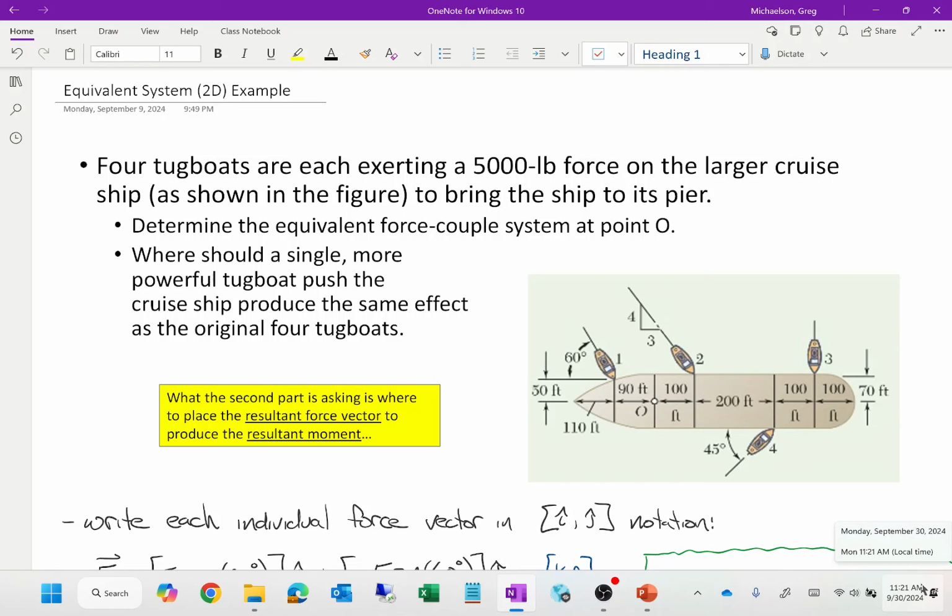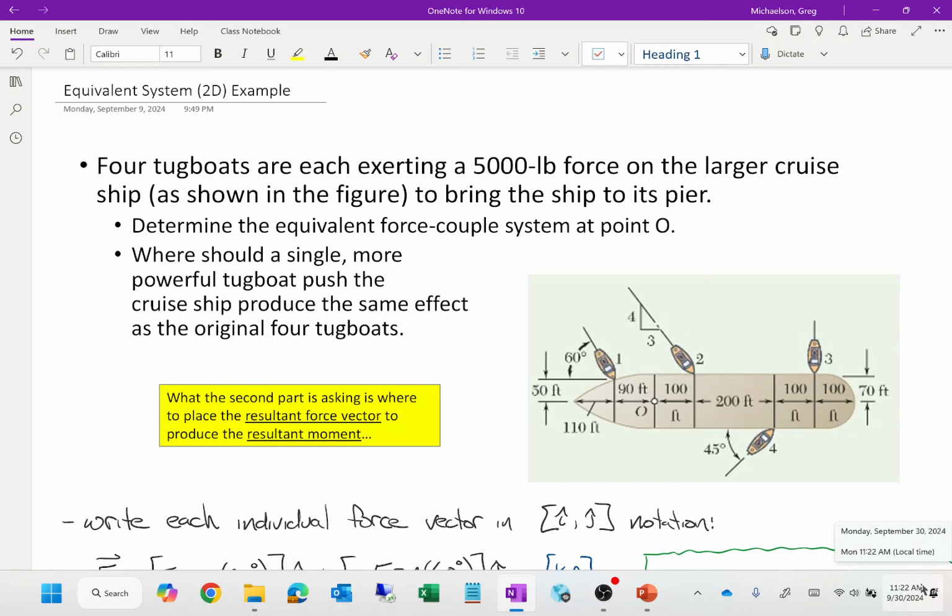What about force 2? How far along the x-axis? 100 on the x, positive, right? What about along the y? 70. See what I'm doing? R3 is going to be what?